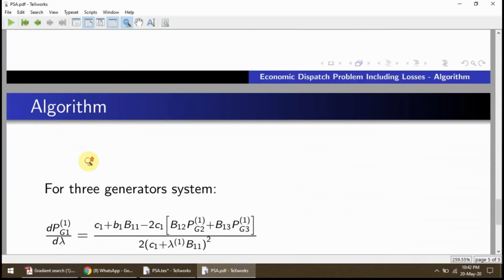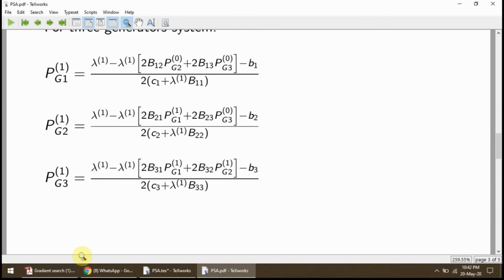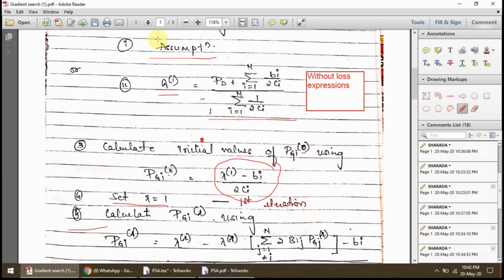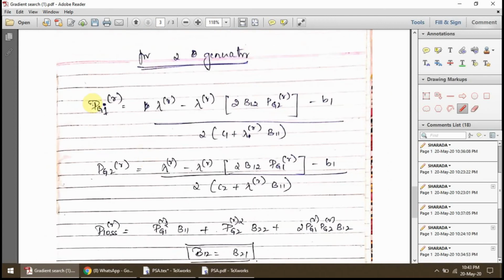Now here in these expressions, we have written the equation for 3-bus system. Now for 2-bus system, you will have expression somewhat like this. So for 2-bus system, Pg1 of R will be equal to lambda R minus lambda R into 2B12 Pg2 of R. Since there are only 2 plants here or 2 generating system here, we will be having only one term here.